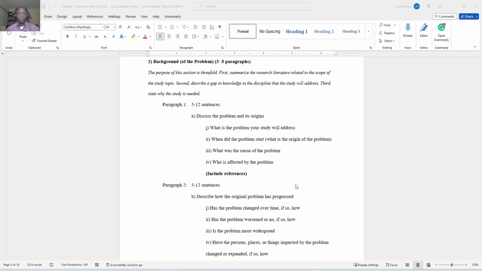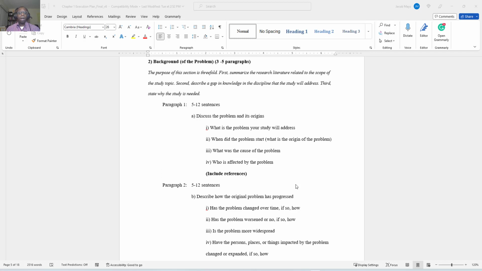And I'm going to go through what we're going to cover as the scope. Second is to describe the gap in knowledge in the discipline that this study will address. That's number 2. And the third purpose is to state why the study is needed.